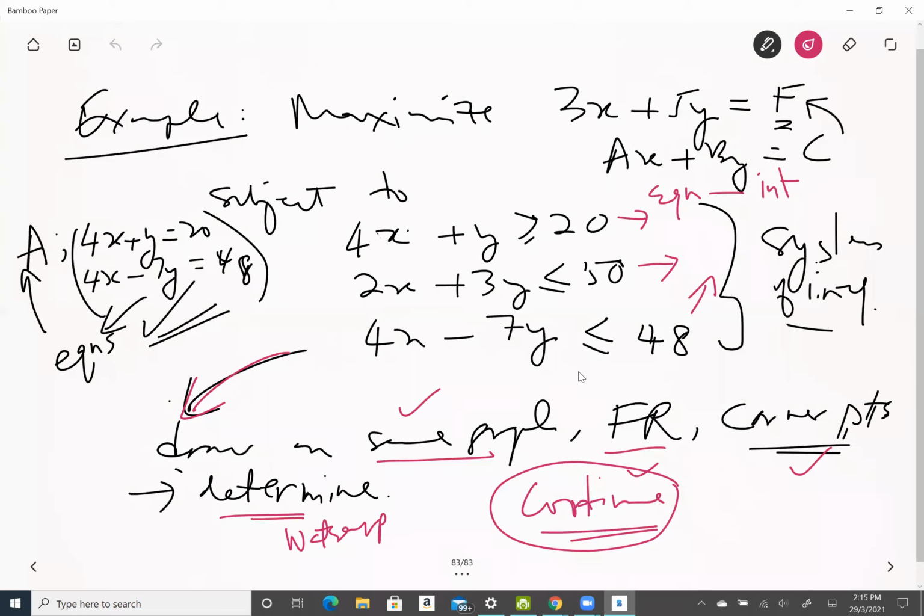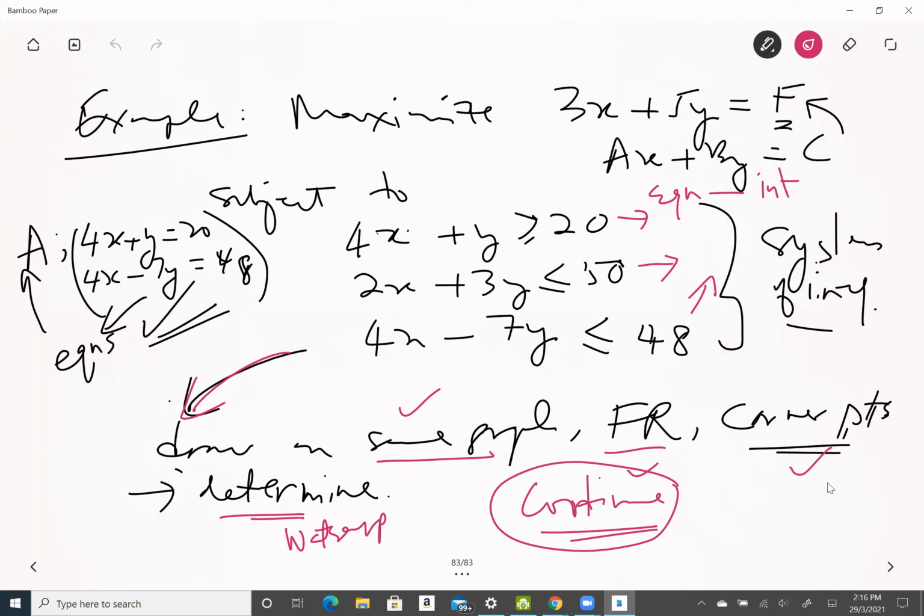Now, what I wanted you to do is draw this on the same graph, get the visible region and the corner points, and then find the solution. So that's where we left off. Now, let's finish this up.